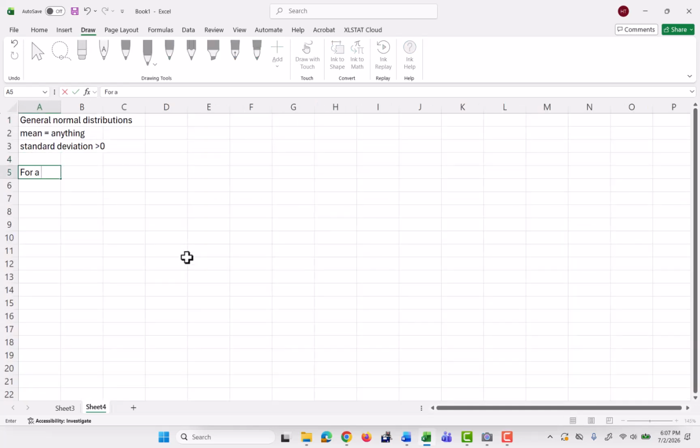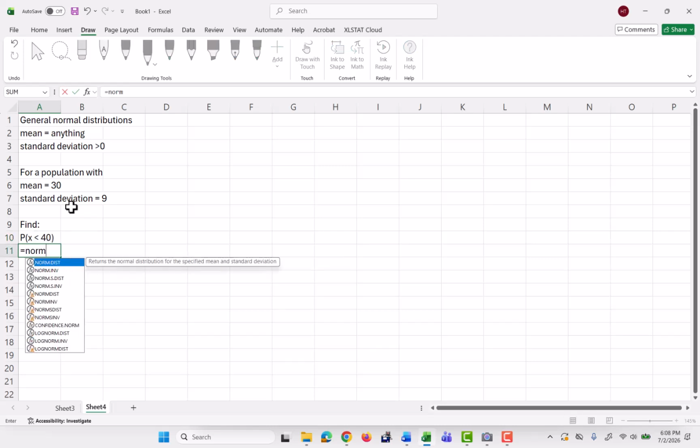So for a population with a mean equal to 30 and standard deviation equal to 9, we're going to find, now this is x, not z anymore, the probability that x is less than 40.